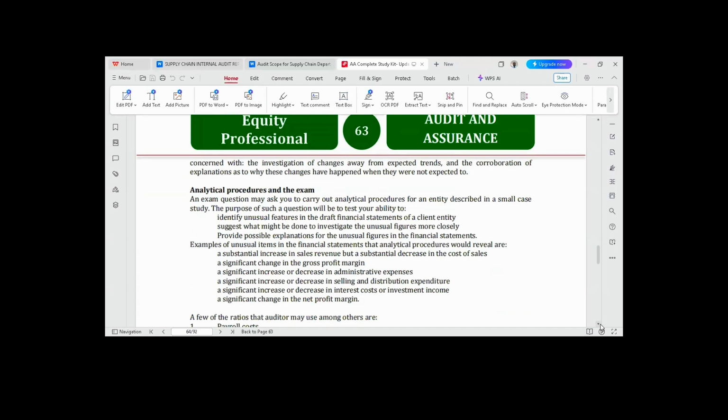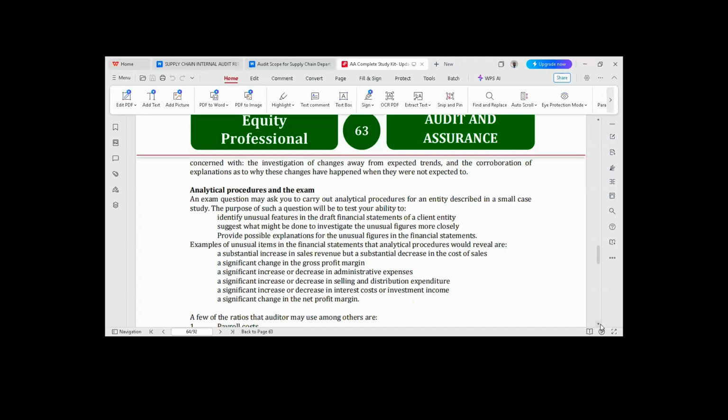The purpose of such a question will be to test your ability to identify unusual features in the draft financial statement of the client entity, or suggest what might be done to investigate the unusual figures more closely, or provide possible explanation for the unusual figures in the financial statements.